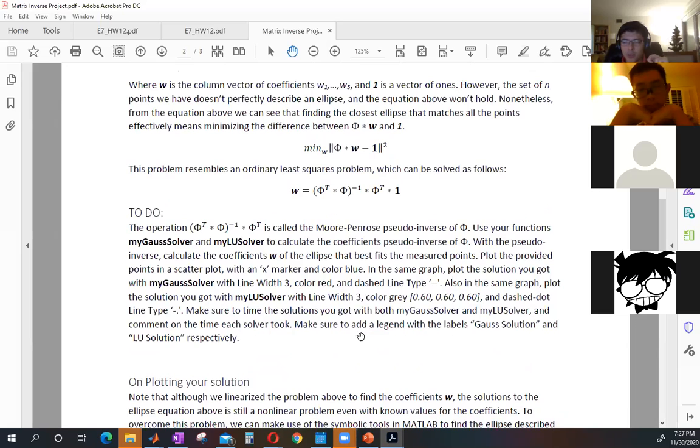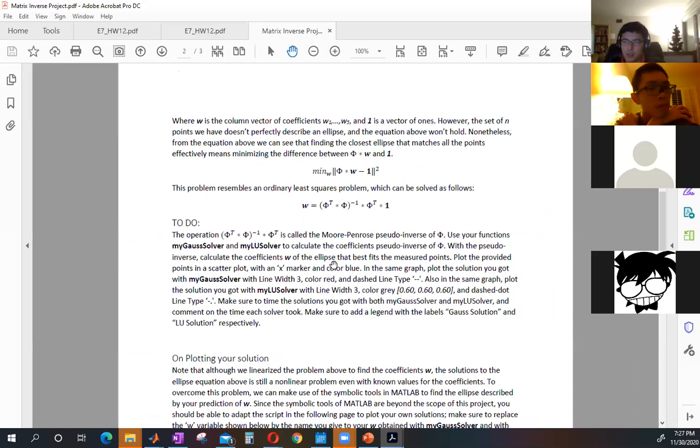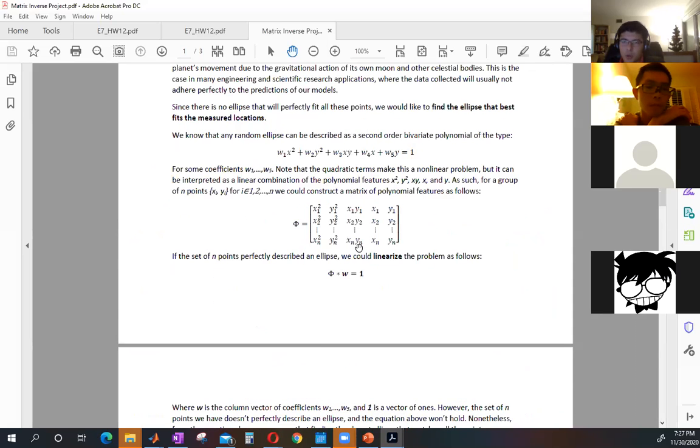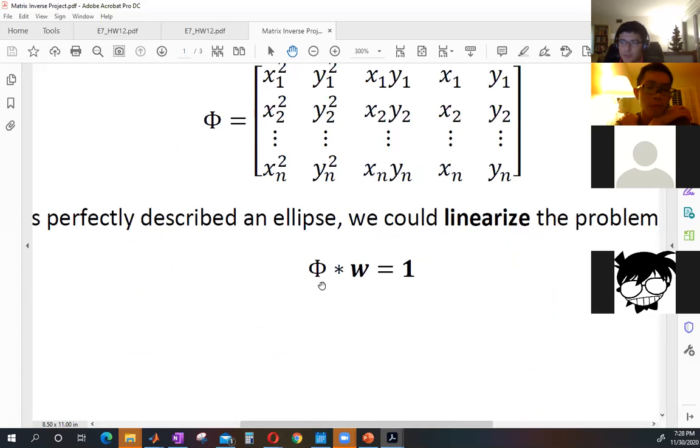Also, plotting those two. So once you have the W for your best ellipse, plotting those is not a trivial task, because what we are doing is turning all these polynomials into a matrix and doing the inverse that I show you below. This is called linearizing a problem, because you end up with an expression like this: phi times W equals something.